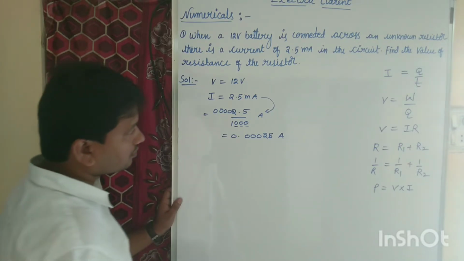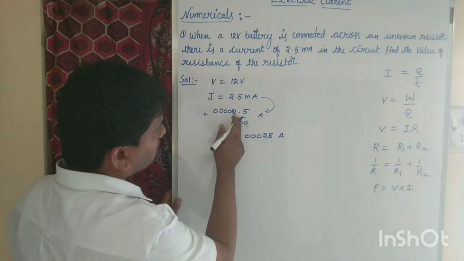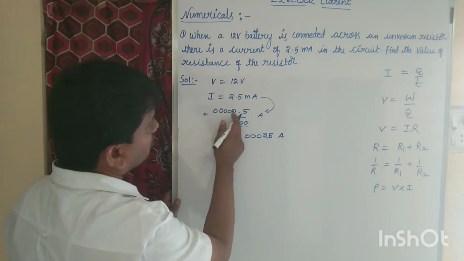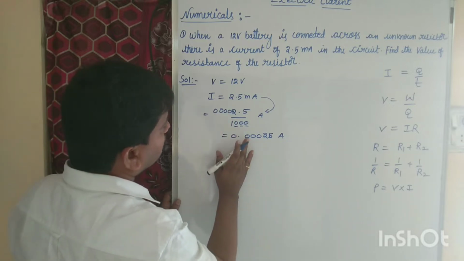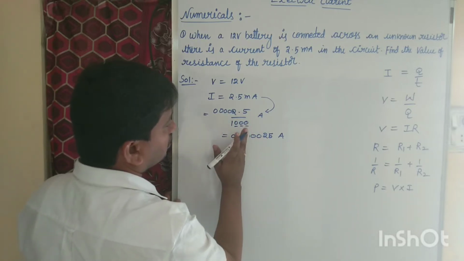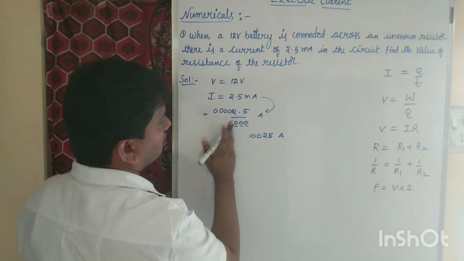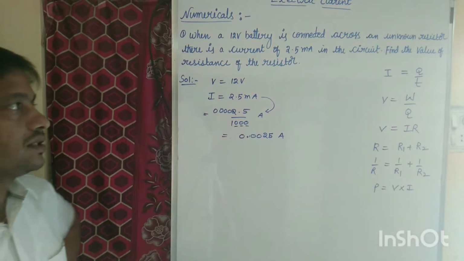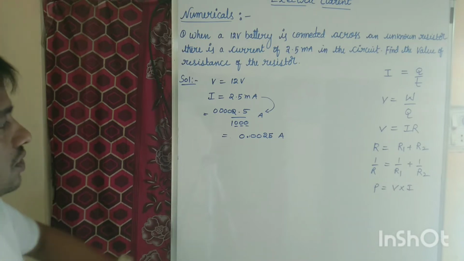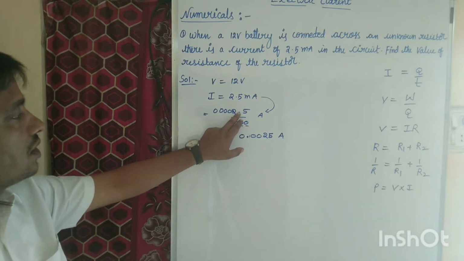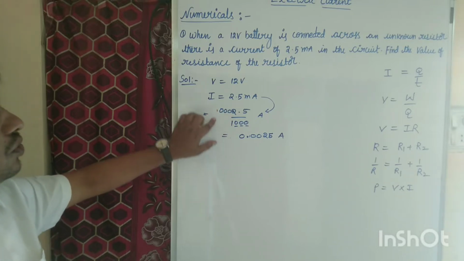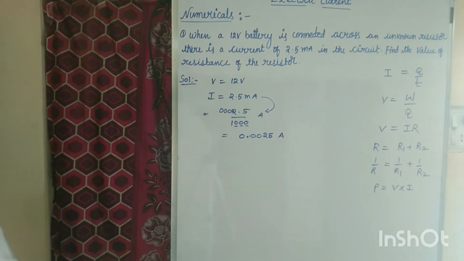Actually, we are shifting three places: 1, 2, 3. So 0.0025 amperes. Any doubt, students? Because we have only three zeros, 1, 2, 3, I mean 0.0025 amperes. Current also we got.